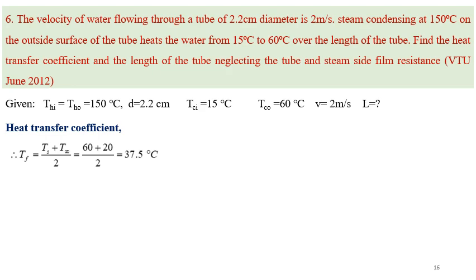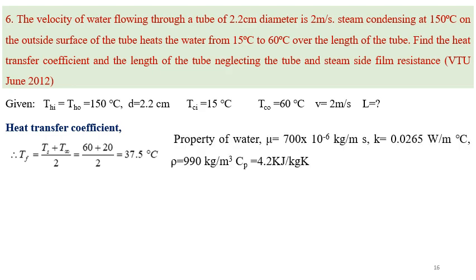So the film temperature, the bulk fluid temperature, is 37.5 degrees centigrade. For 37.5 degrees centigrade bulk fluid, you have to note down the property values of water from the data input. So here you will get mu, K, specific heat and density. Then from this you can calculate the Reynolds number.